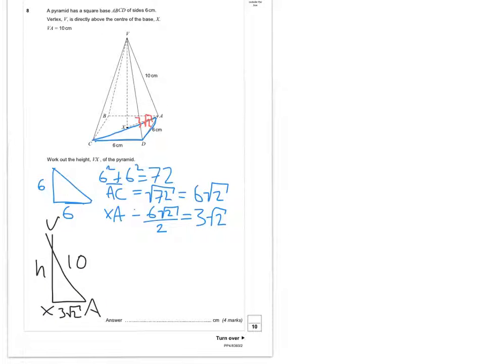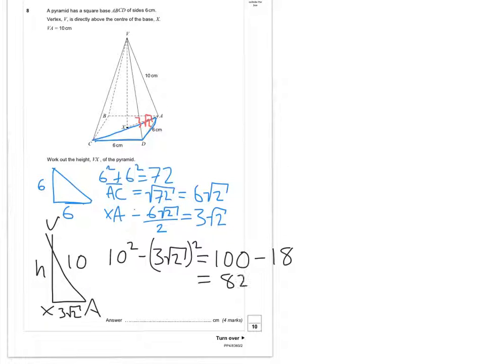So 10 squared minus 3 root 2 squared is equal to 100 minus 9 times 2 is 18, which is 82. Square root all that.